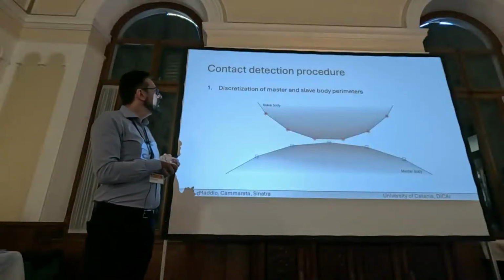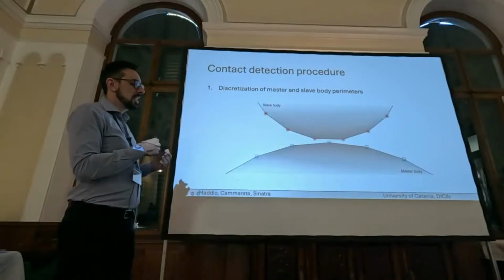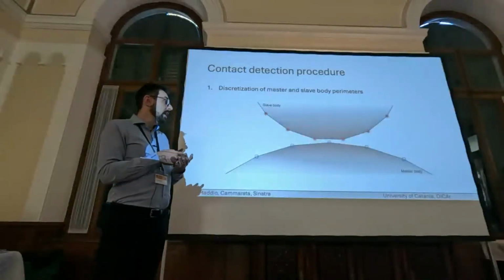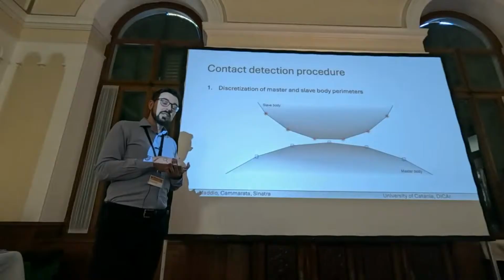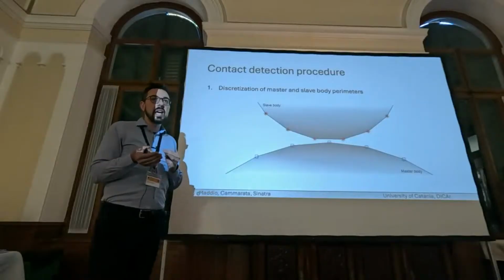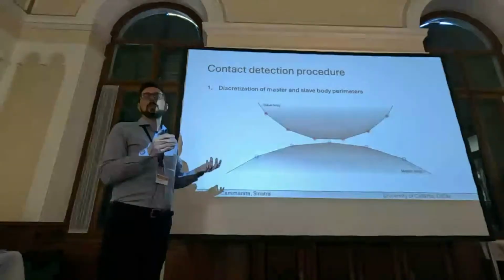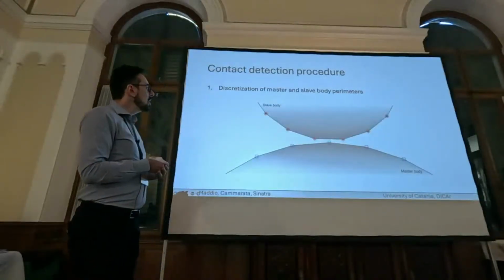We start with the discretization of the two bodies, the master and slave. I want to highlight that here we keep these nomenclatures master and slave, but in our method we can switch the two bodies because our method is symmetric.